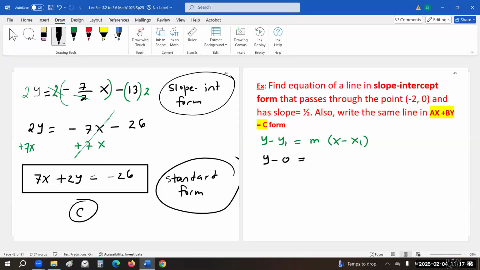Y minus 0 equals 1/2 times x minus minus 2. So that turns into plus. So we have 1/2 times x plus 2. And what is y minus 0? It's simply y. It looks much easier.